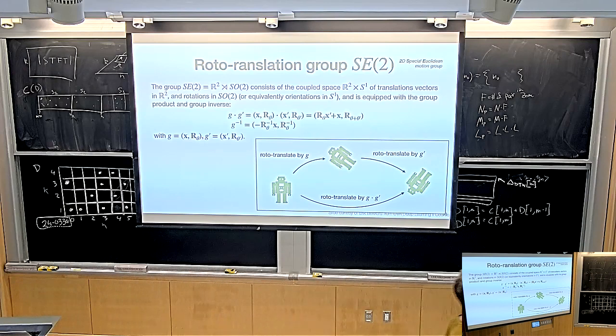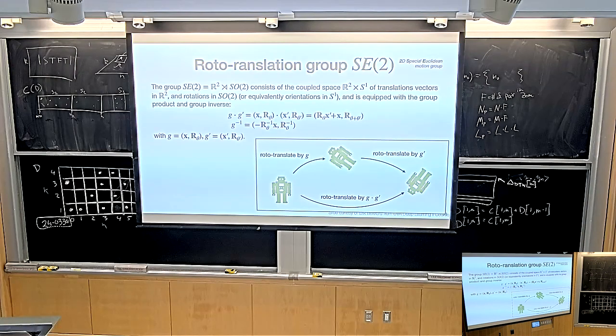So SE3 is the camera matrices. And SE3 is actually made up of two subgroups. One is the group of rotations, and one is the group of translations. The group of translations we just discussed. If you take a camera matrix, there's always the translation vector. That's an element of the translation group. And then there's always the rotation matrix. That's an element of the rotation group.